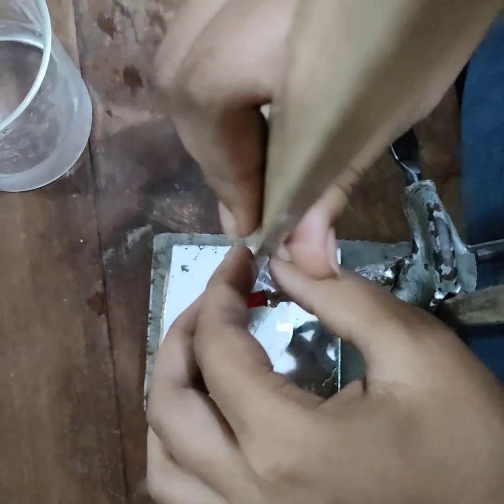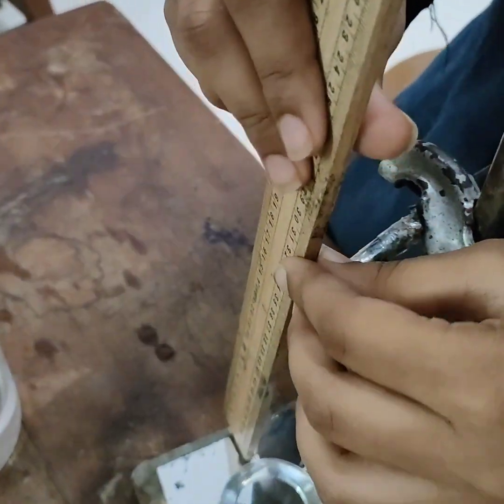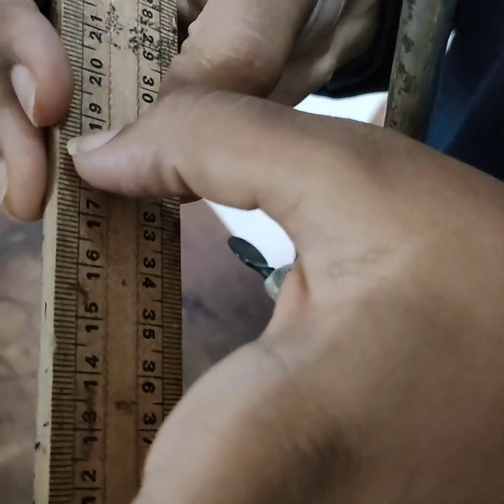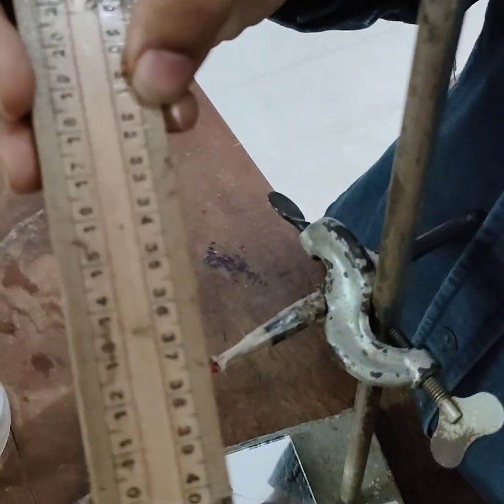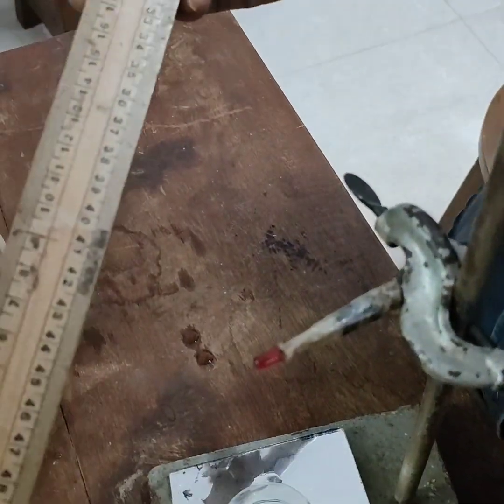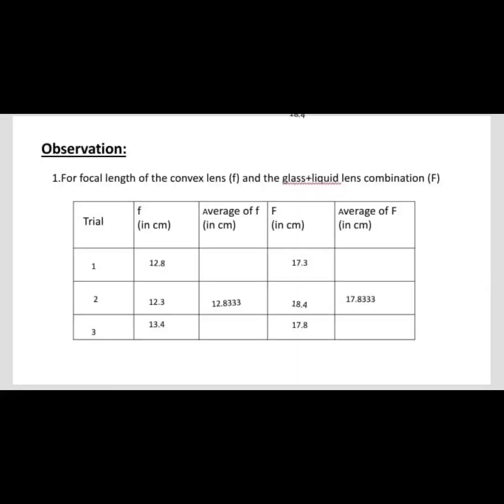Now let's measure the distance from the converging lens to the needle using a meter scale. The distance we got is around 18.5. Continue the same procedure and get 3 more readings.